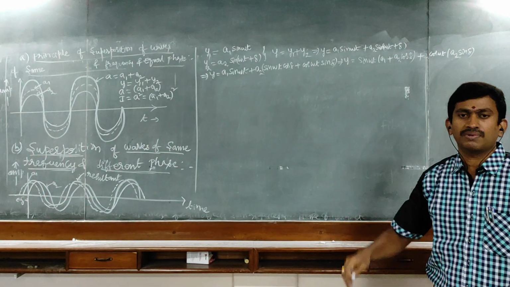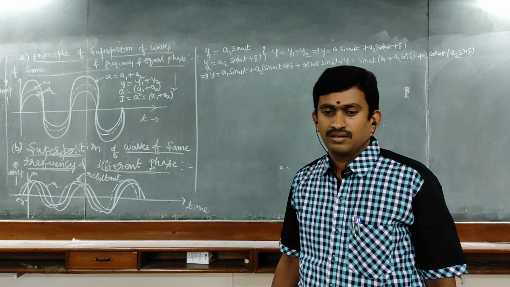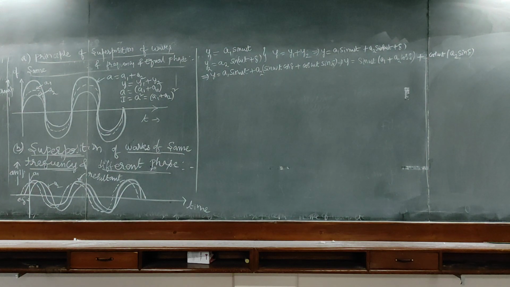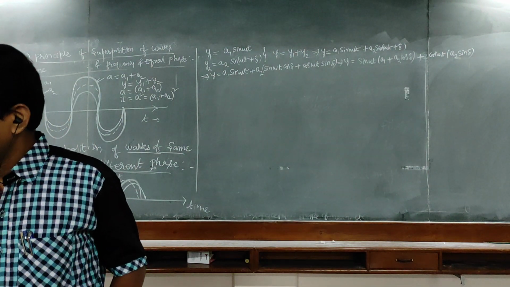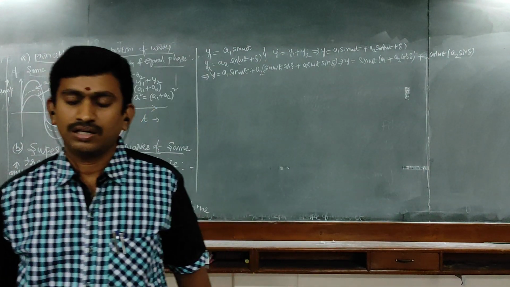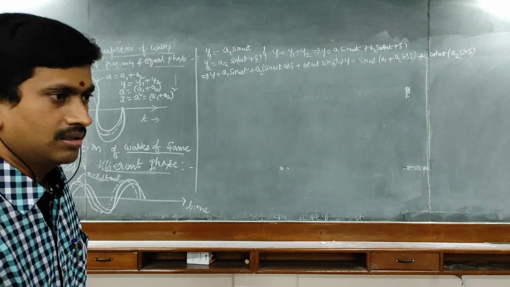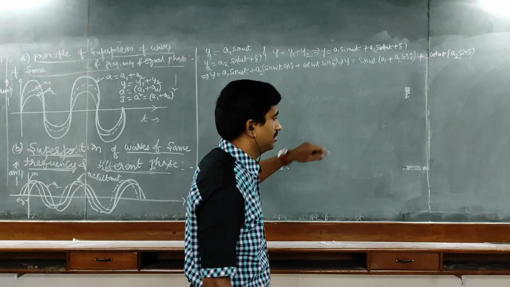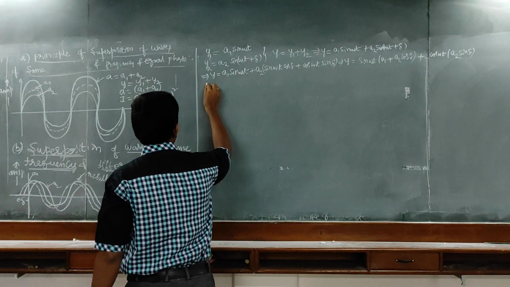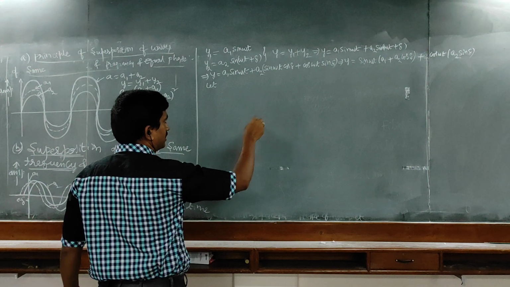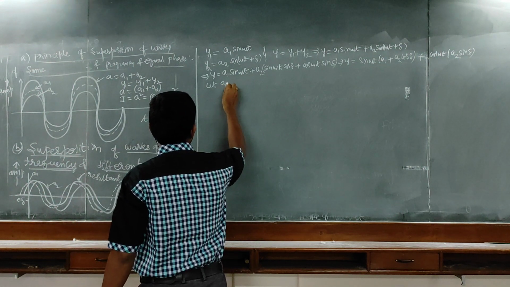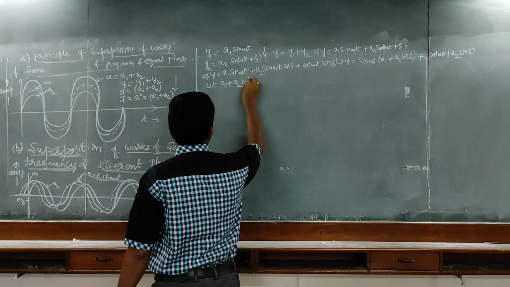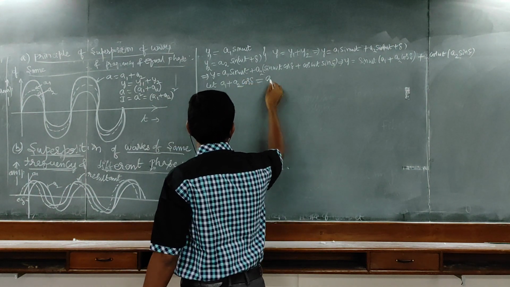For further simplification, I consider those bracketed terms as follows. Let the first bracketed term, a1 plus a2 cos delta, be considered as a cos phi.